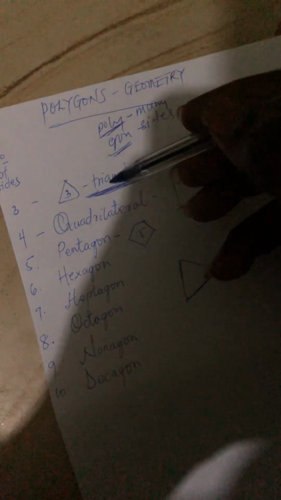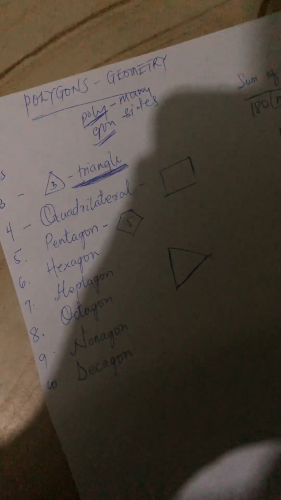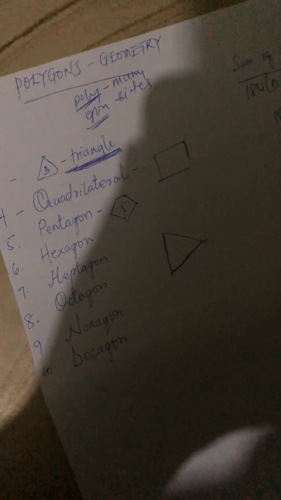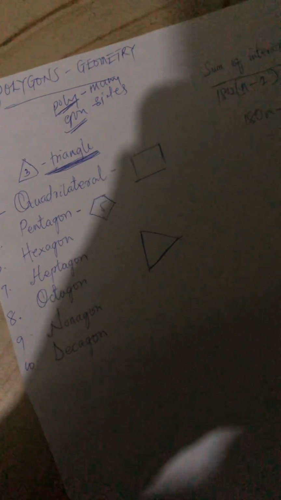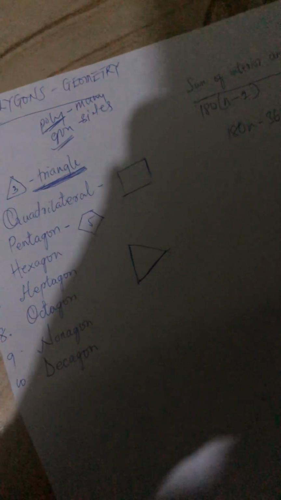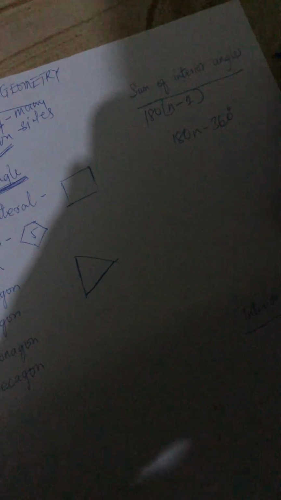Just bear in mind, after the triangle, all the other sided figures are forming 360 degrees, something like a circular object. So here, 180n, you have to deduct from 360. That's the total.